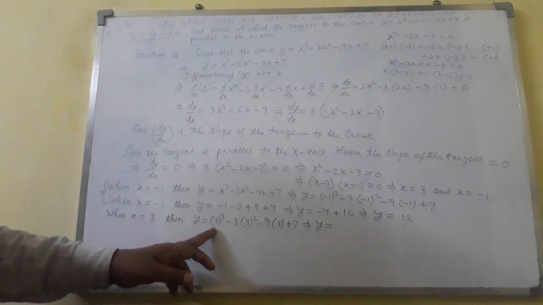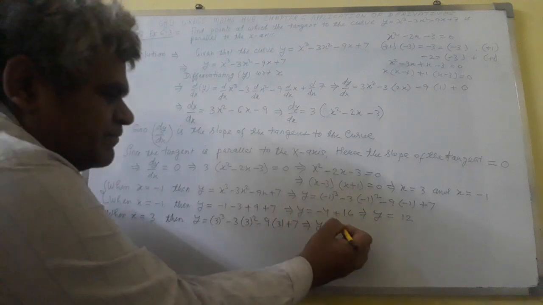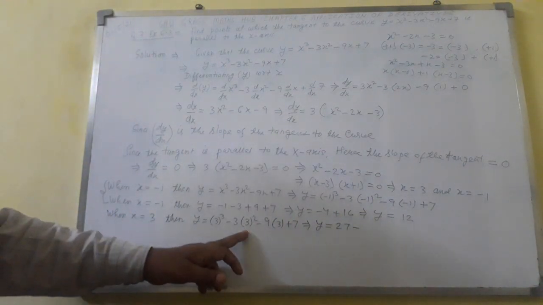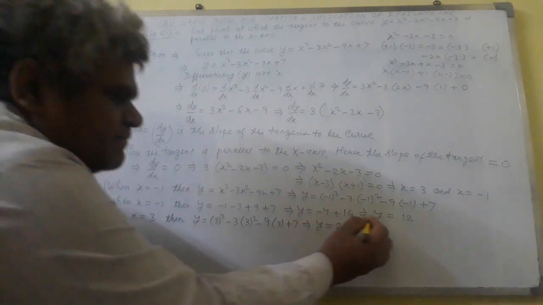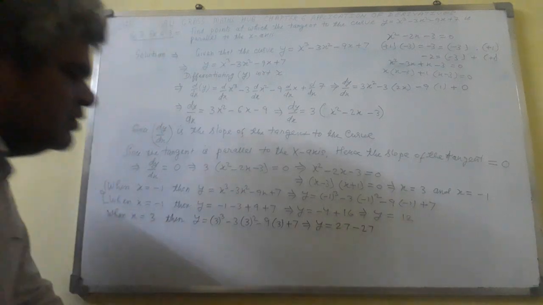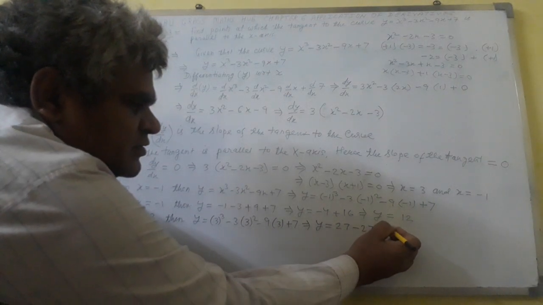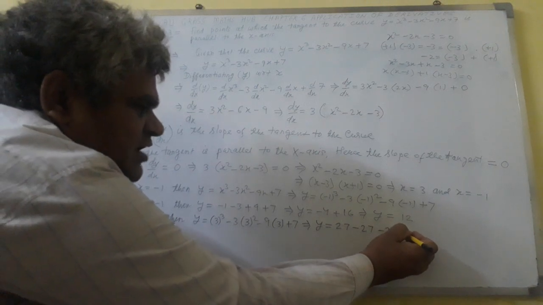3 threes are 9, 9 threes are 27, minus, here also 3 whole square comes out 3 threes are 9. Here 9 threes are 27 you will get. Here write plus 7.